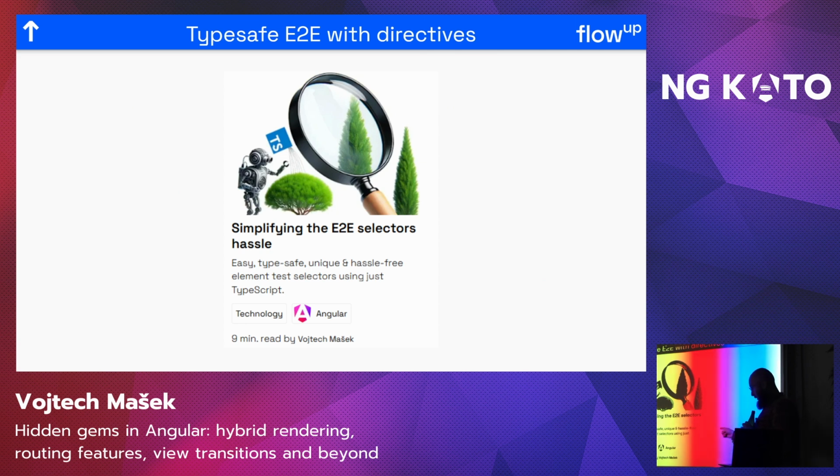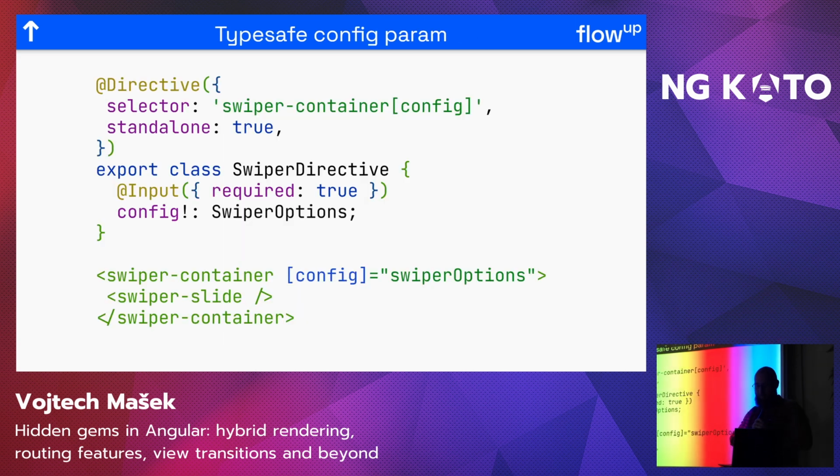I actually created an article about end-to-end tests, and in this article I write that you can have a very simple directive similar to this one, which is basically called end-to-end ID, and then you have a map of all the end-to-end possible variations for the IDs.